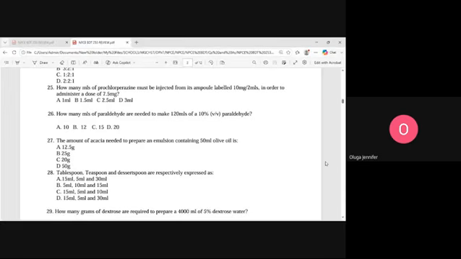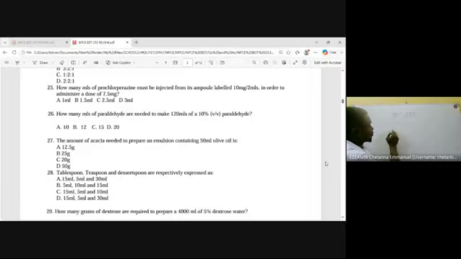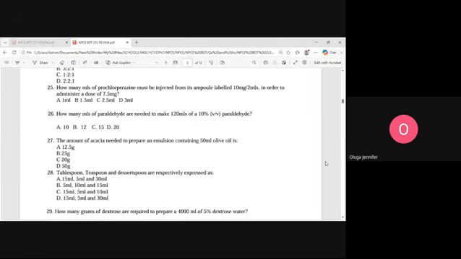I said how many mil of this must be injected from the ampoules labeled 10 milligram to 2 mil in order to administer a dose of 7.5 milligram. 10 milligram is equal to 2 mil. So how many will 7.5 milligram give you? x is equal to 7.5 times 2 over 10. 7.5 times 2 is 15.